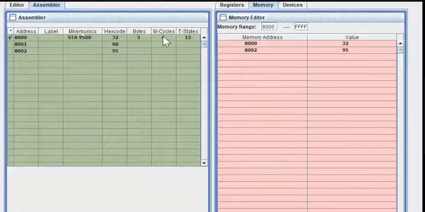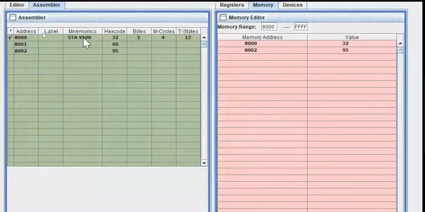Four machine cycles. The first one is fetching the opcode 32 from memory, and then reading the lower order 8-bit address from this address location, and reading the higher order 8-bit address from this address location. So opcode fetch plus memory read plus memory read.